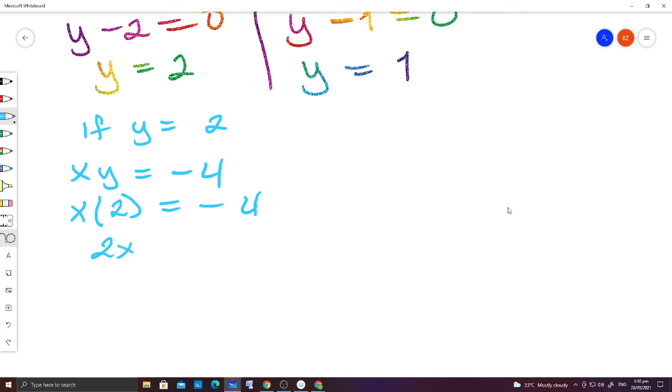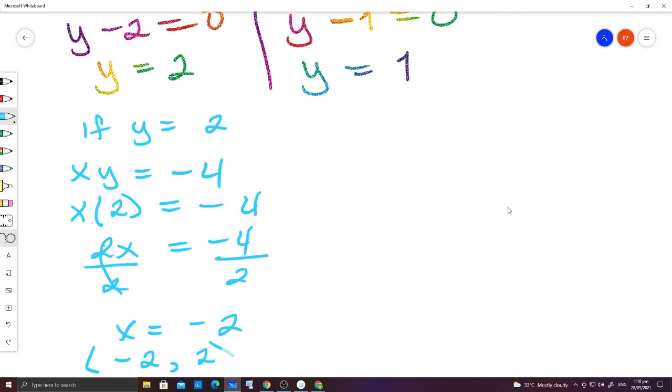Or you can write 2x equals negative 4. What's the next step? Divide by 2. So what is our value of x? x equals minus 2. Minus 2. Okay, thank you. So we can write this as negative 2 and 2.